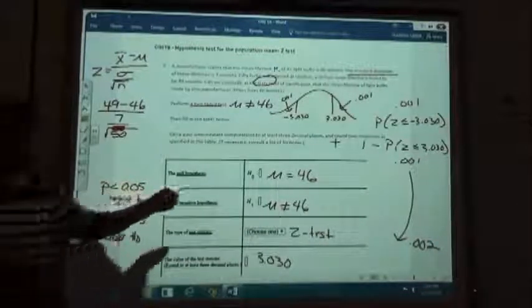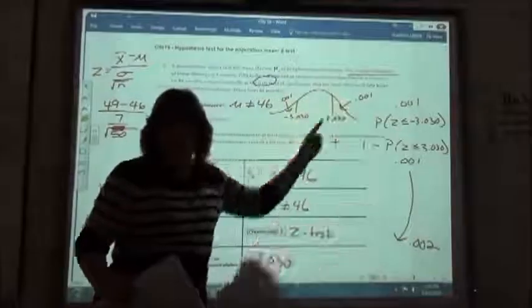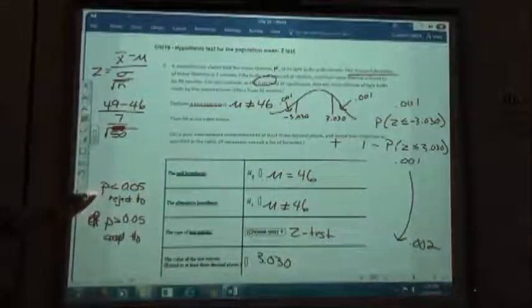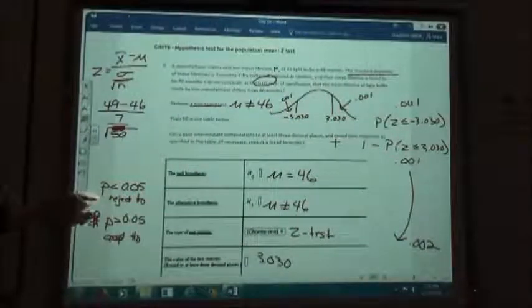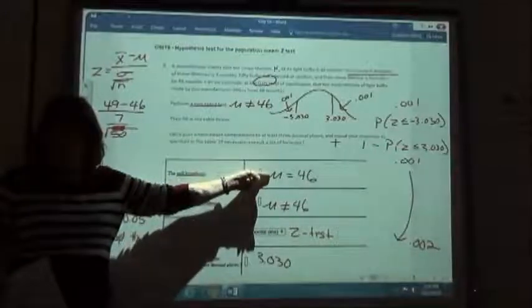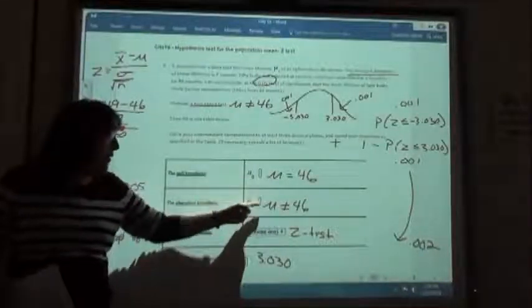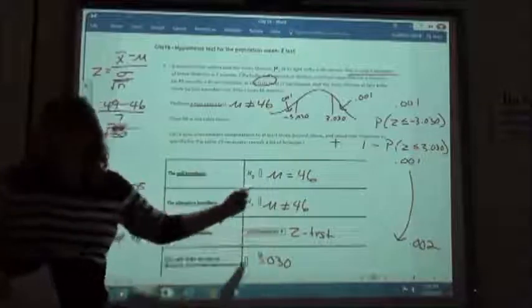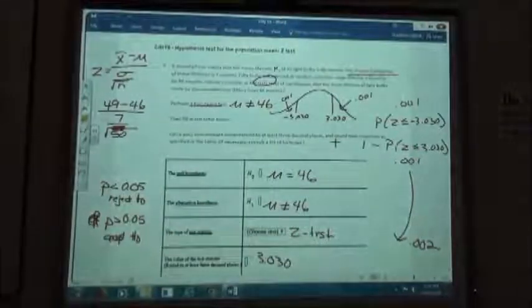In this case, this is going to be way less, right? So I'm going to reject my null, which means if I don't accept this, I'm going to accept the other one. The mean is not equal to 46 then, right?